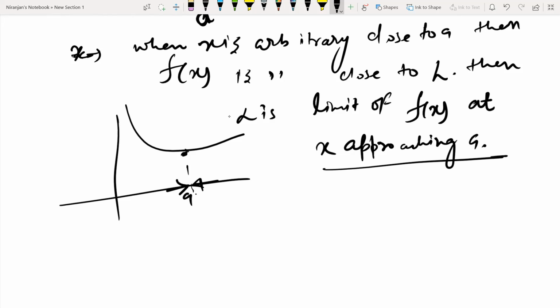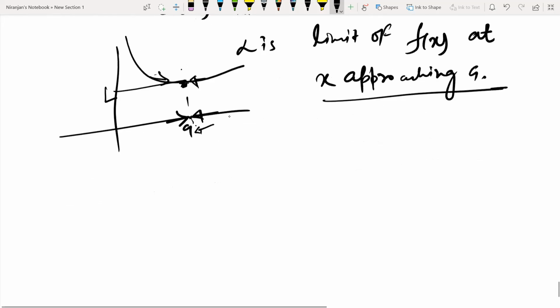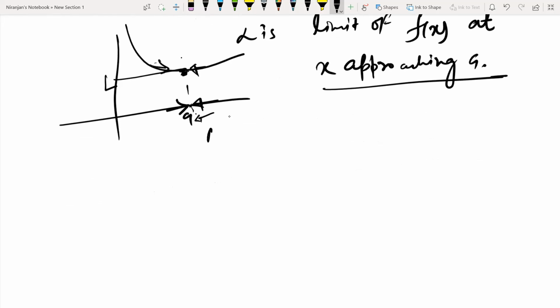The limit definition just says that you are not reaching this value, you are just approaching it, and your f of x is approaching some value L from this side and this side. Then you say that L is the limit of f of x as x approaches a. That is the wording, so remember this. This is not difficult. And then comes the concept of right-hand limit and left-hand limit.